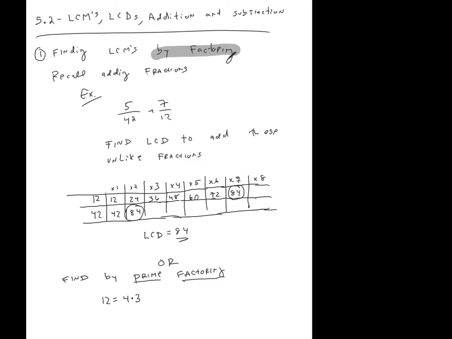But then you even break that 4 up, so it's 2 times 2 times 3. And as we look at 42, what times what gives us 42? Well, that looks like a 6 and a 7, or in other words, the 6 is a 2, a 3, and a 7.